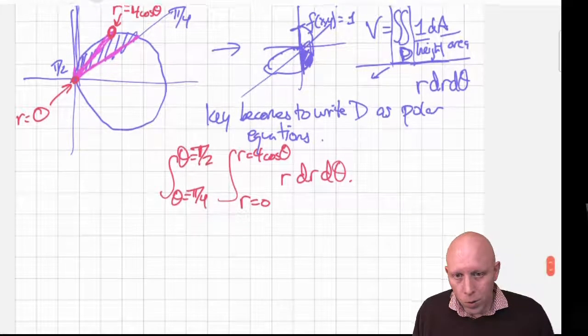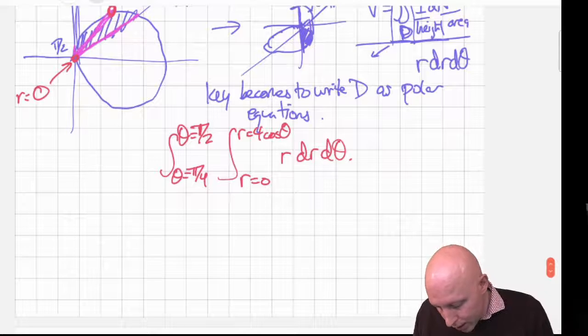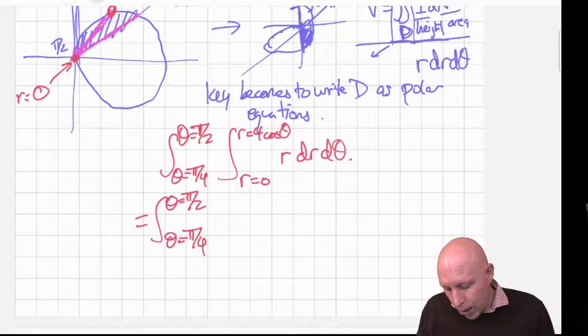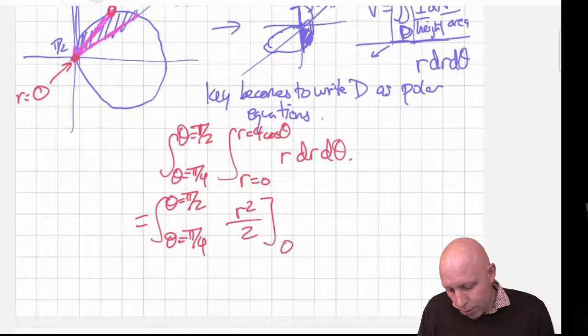All right, so let's do those steps. As we integrate this, we get the integral from theta is equal to pi over 4 to theta is equal to pi over 2 of r squared over 2 evaluated from 0 to 4 cosine of theta d theta.